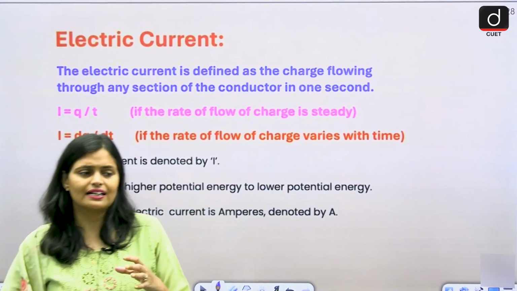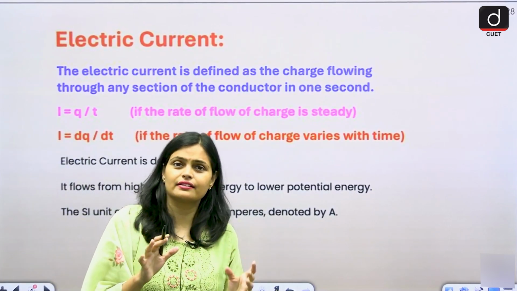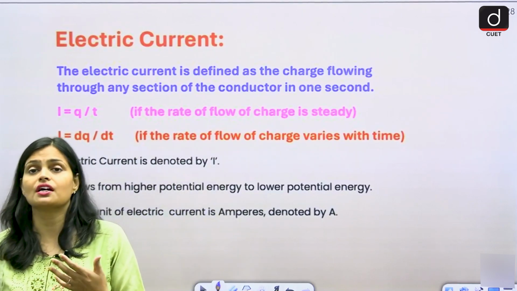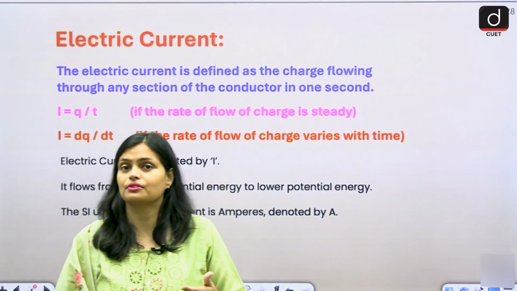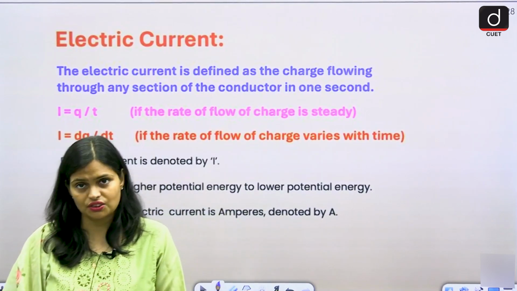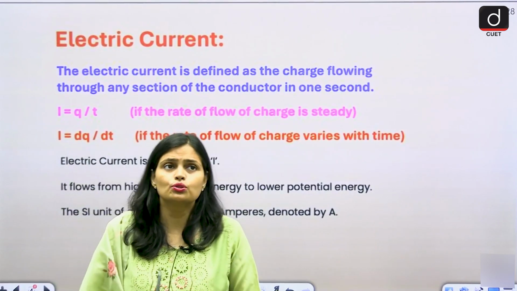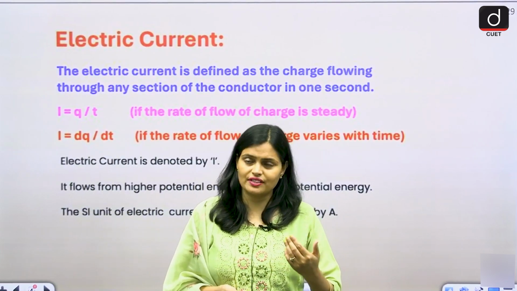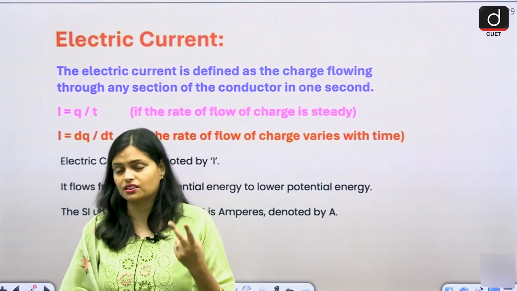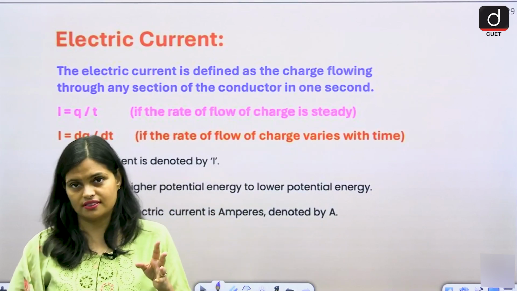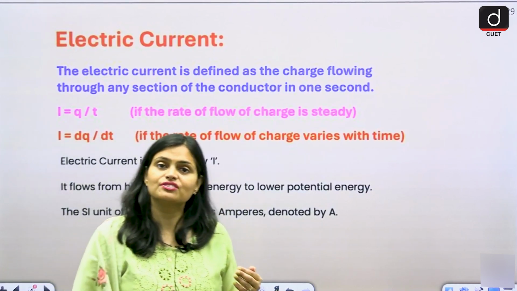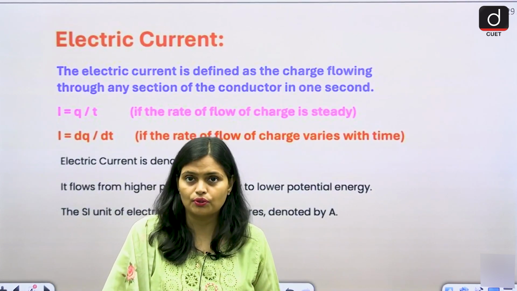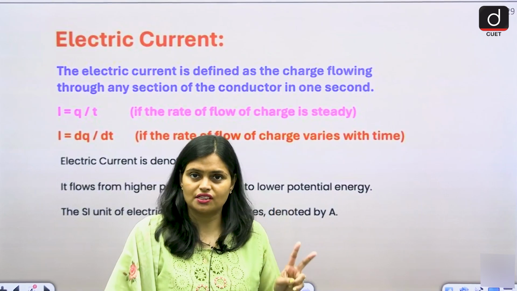As we know, we have matter, and matter is made up of electrons, protons and neutrons, where neutrons are neutral whereas electrons and protons are negatively and positively charged particles. So we have two major types of charge, negative charge and positive charge. The negative charge is due to electrons and the positive charge is due to protons. So basically two types of charges we have.